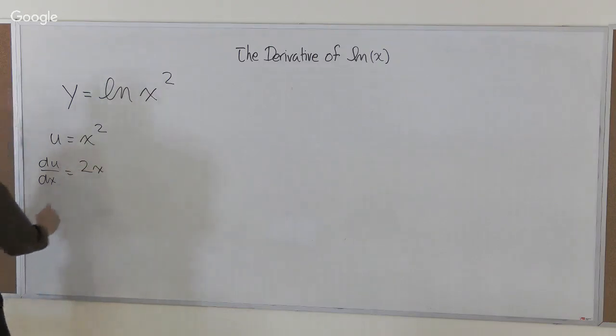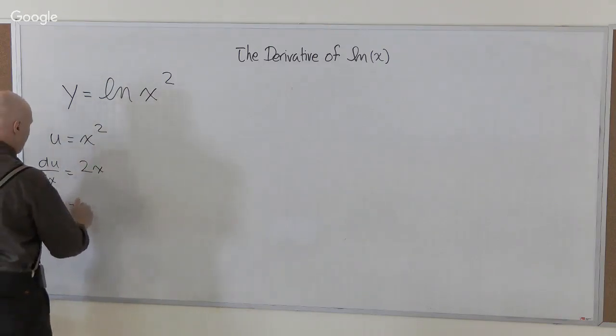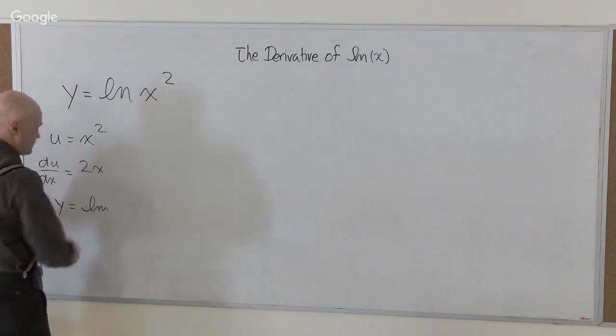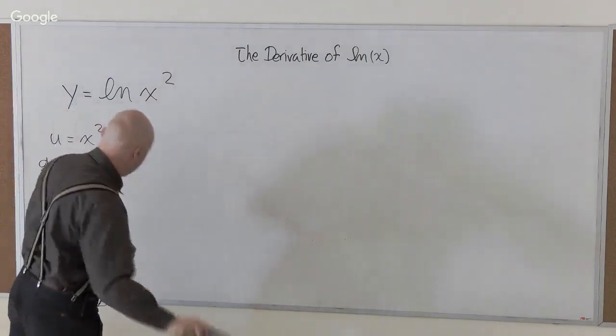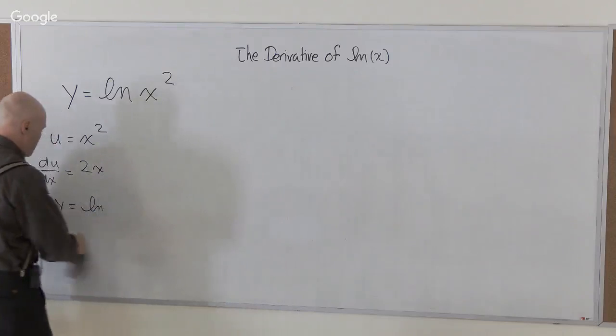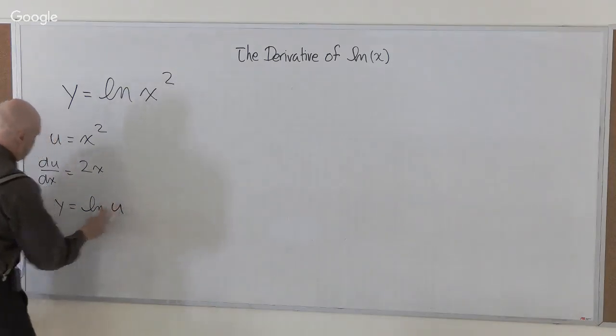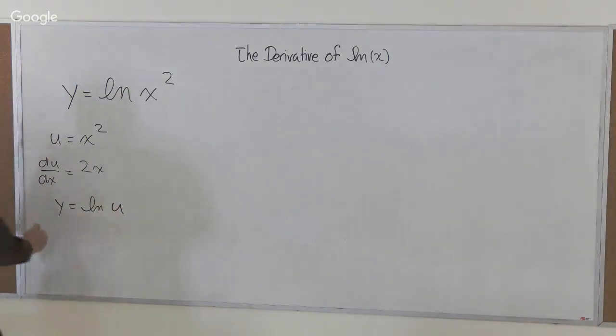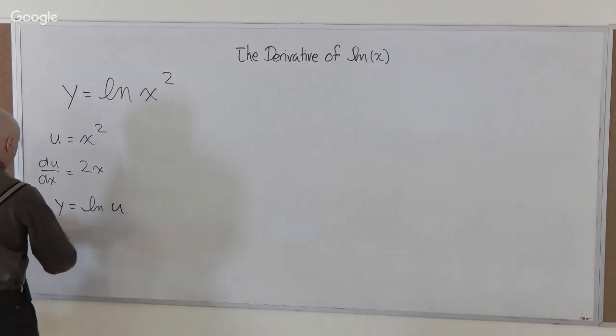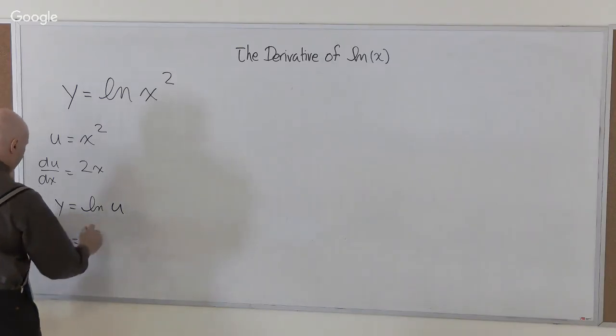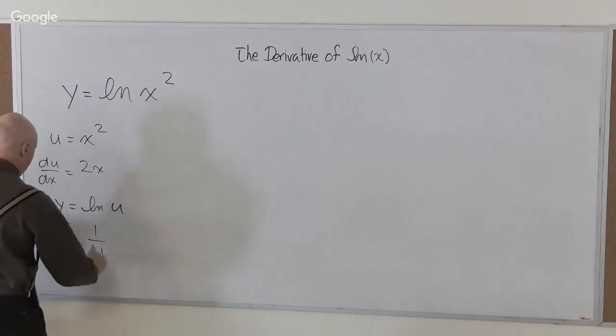Okay, and y is equal to the natural log of our inside function, which we've called u. So ln u. And so the derivative of the outside function with respect to the inside is 1 over u.